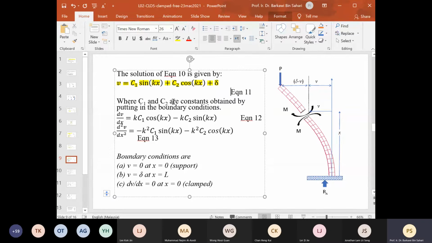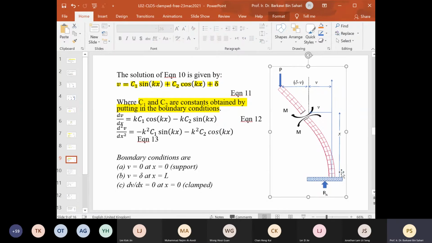C1 and C2 are constants obtained from boundary conditions. Since we know that at the base there is no rotation, dv/dx is 0.